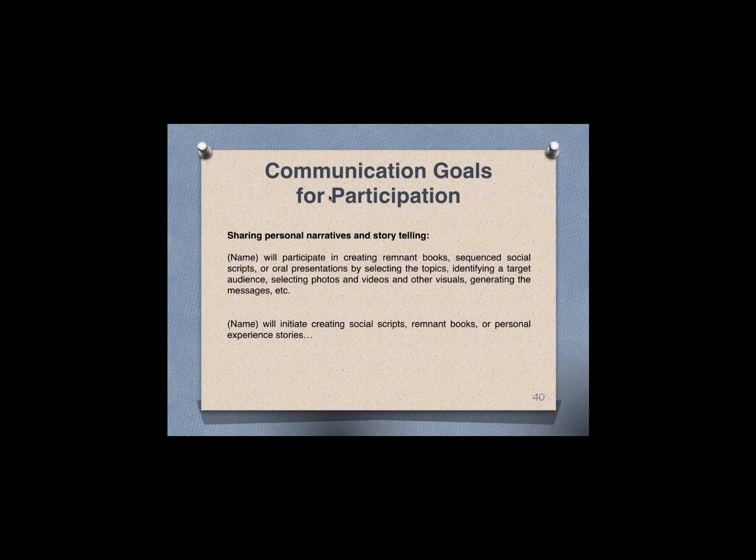You'll see this with kids where they want to add new language to their system, add new words. That becomes one of our goals: that they will start identifying words that they don't have, or they'll start initiating, saying, come on, I want to write a remnant book or a personal experience story about this topic.